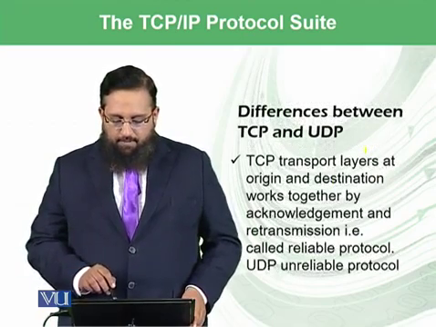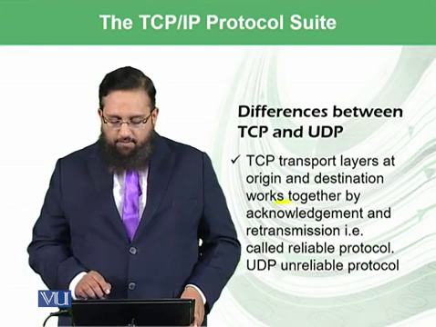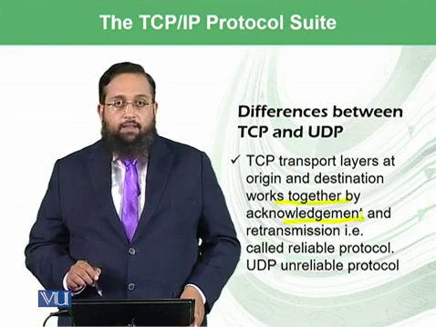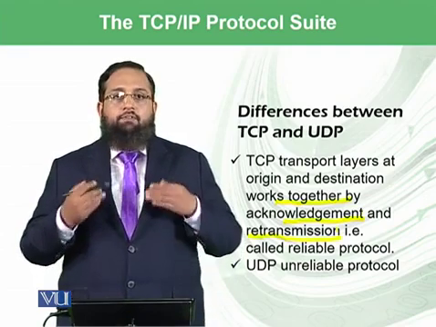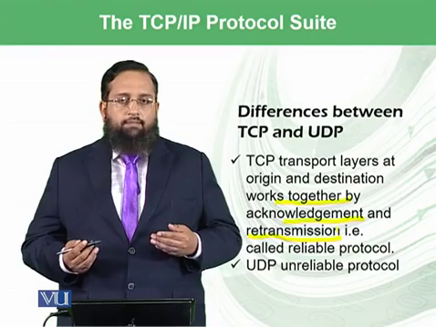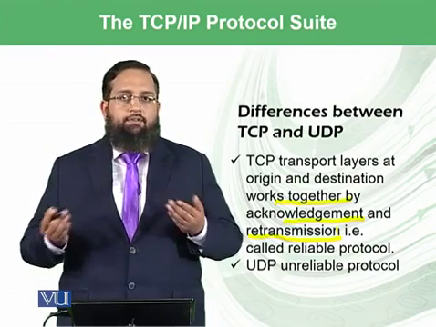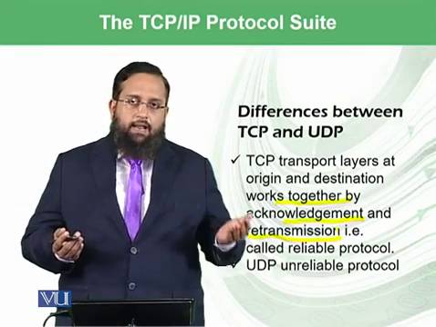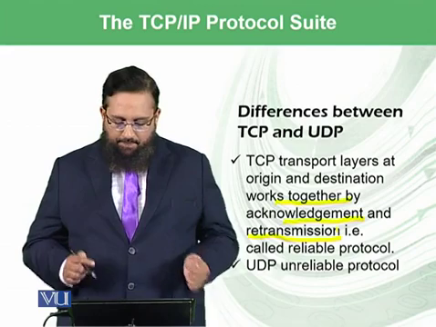The TCP transport layer at origin and destination works together by acknowledgement, and there is also the possibility of retransmission. For example, if the receiver says it hasn't received a packet, that packet can be resent by the sender.